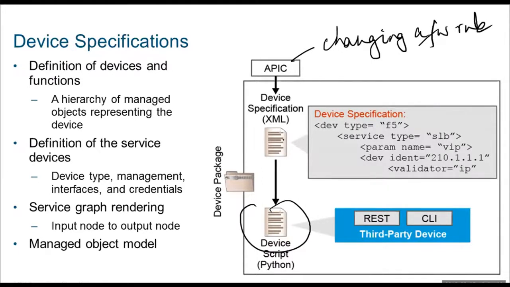It's basically saving it as part of this model and then utilizes the script file to render it into the third party's command line, or if the third party is using a REST API, converts into a REST request, or if they are OnePK, converts it to OnePK.